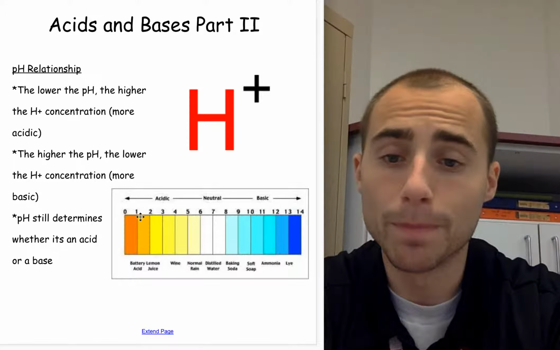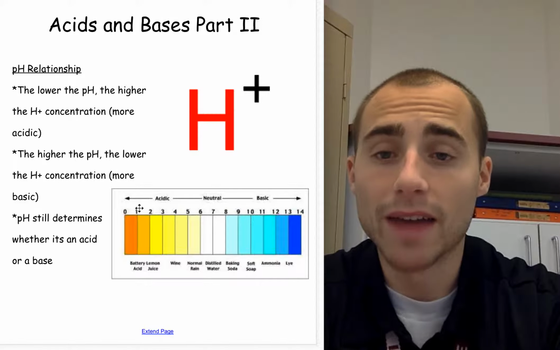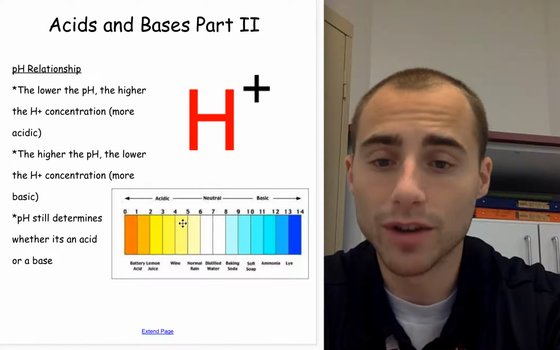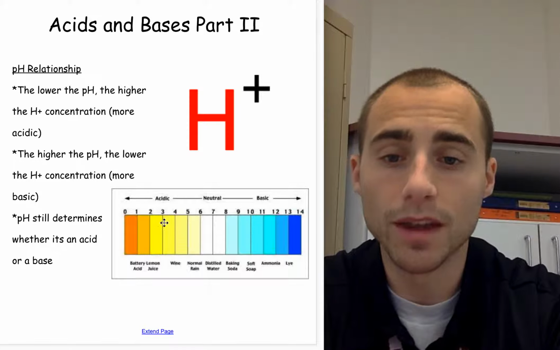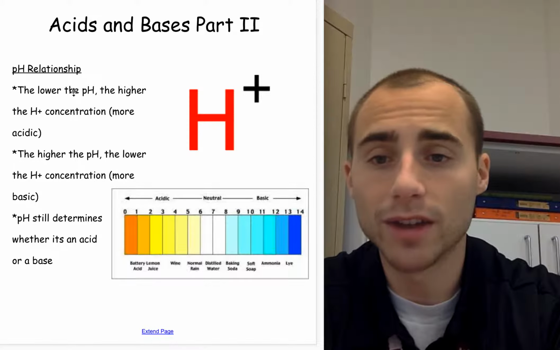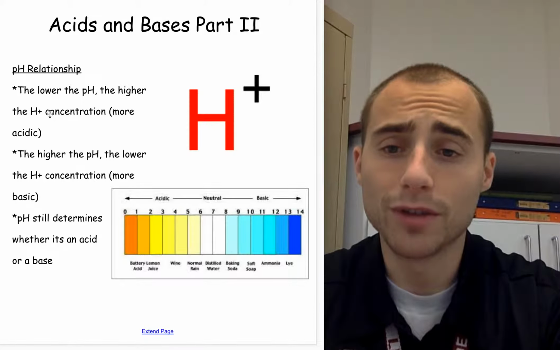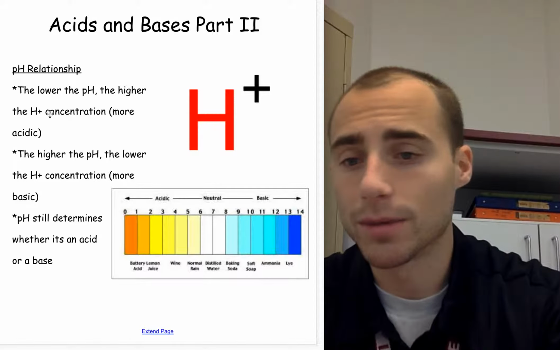So like a battery acid with a pH of 1 is going to have a higher H+ concentration than wine here with a pH of 4. So the lower you get on the pH scale, the higher the H+ concentration. So you just need to know H+ concentration increases as it becomes more acidic.